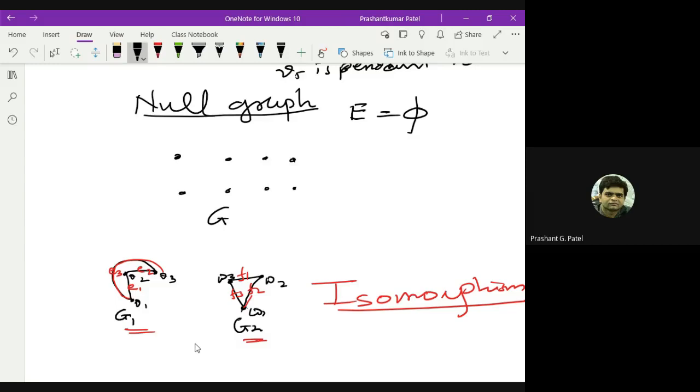So let me give you a proper definition of isomorphic graphs.